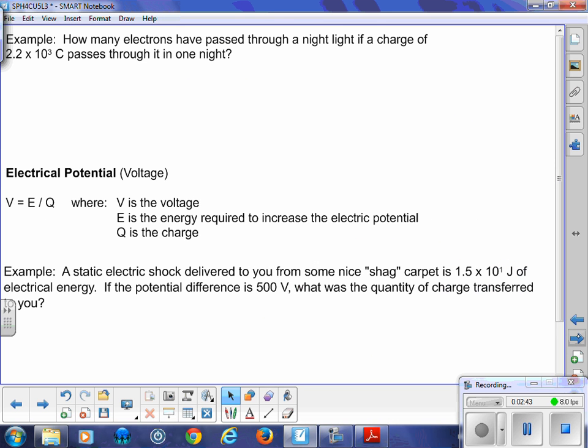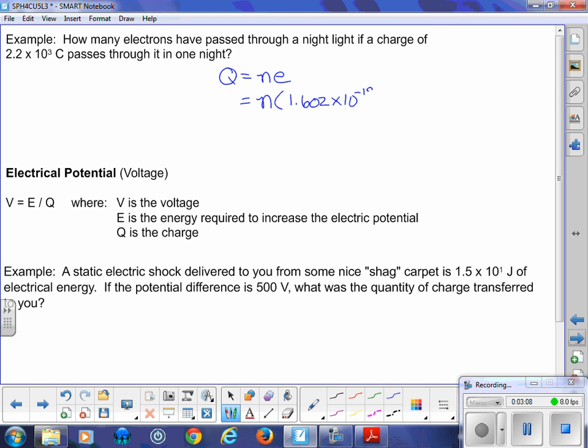So an example of that: how many electrons have passed through a night light? We're looking at one of those night lights you may have used when you were younger, or maybe still do. And we want to know in one night. So we know the formula is Q equals NE. We know E, it is a constant, 1.602 times 10 to the negative 19.